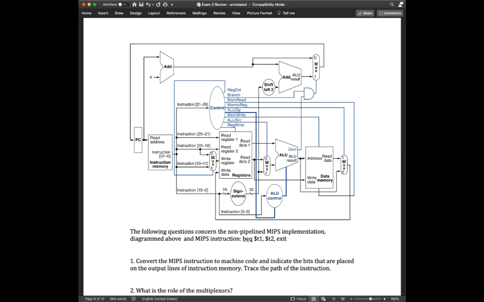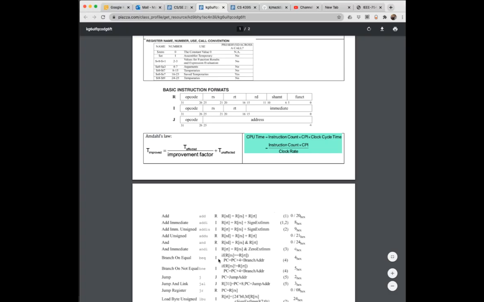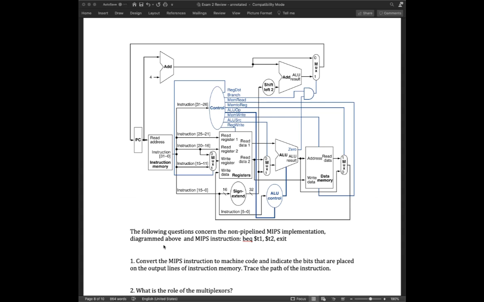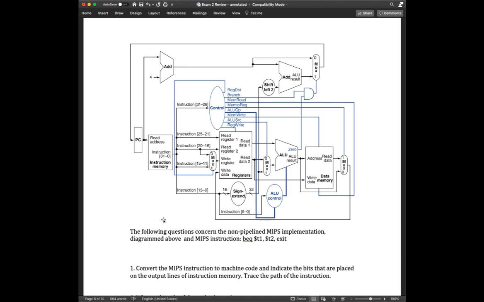Let's look at the branch equal. We can see that it also uses instruction format I, and its opcode is 4. So let's think about that. Opcode is 4. Let's put that in 6 bits. There's my opcode. That of course is going to go here.